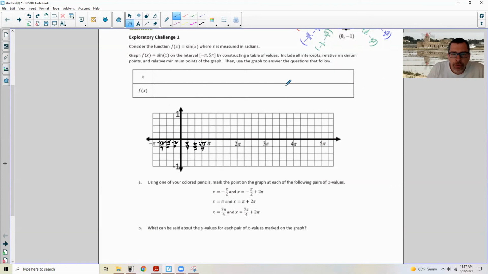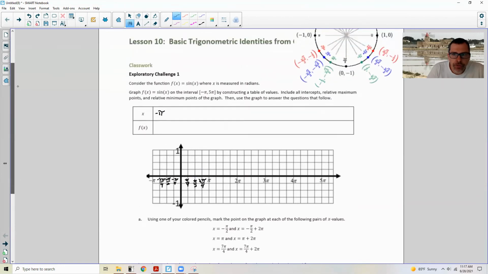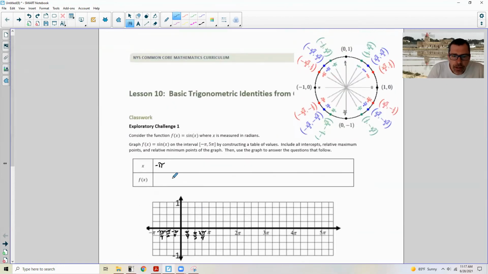So now it says to graph these values. Let's start with negative pi. The value of sine at negative pi is going this direction around till we get to here, and the sine is the y value, or 0. So then I plot the point at 0. We're just going to keep doing this.